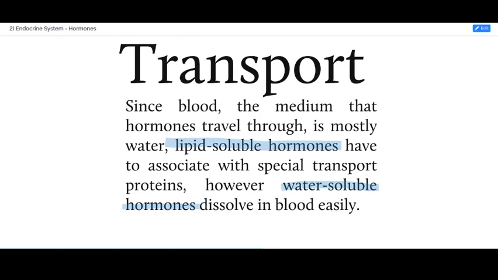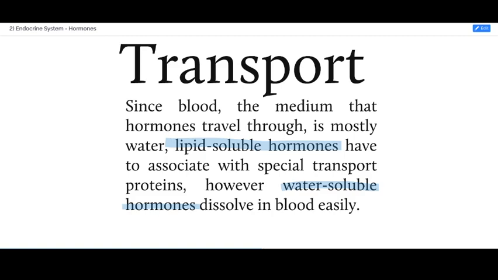There are two important aspects to consider when we're comparing lipid-soluble and water-soluble hormones. The first of which is transport. Hormones, as I said earlier, are mainly traveling through the bloodstream, and the bloodstream, of course, is a water environment. Plasma is mostly water. And so it's important to consider how these types of hormones move through the system.